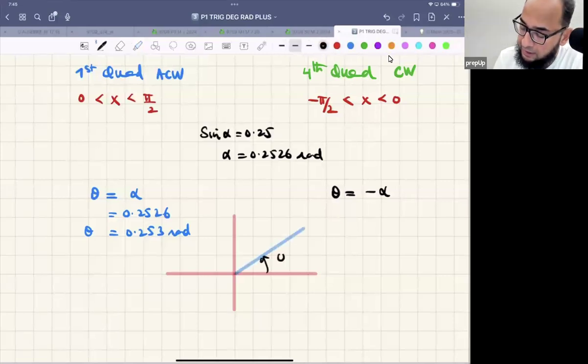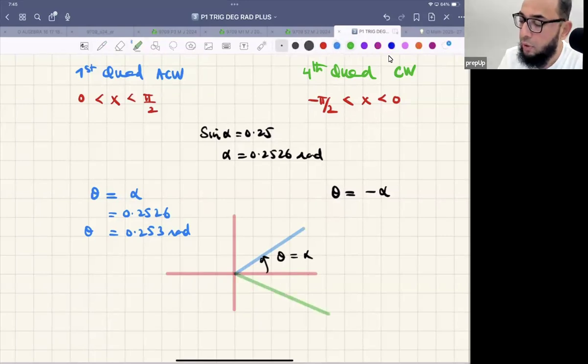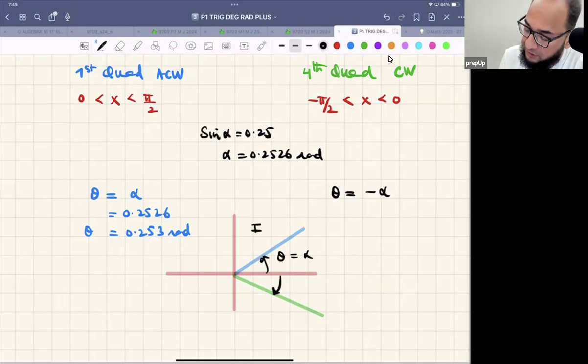So this is theta equal to alpha. And if we talk about the green color, then theta is equal to the mirror image of that. So over here, it's just moving this way. This is the first quadrant. This is the fourth quadrant. Theta is negative alpha, so therefore theta is negative 0.253.